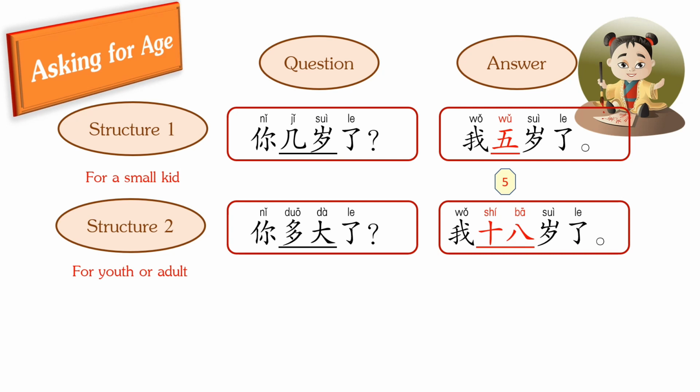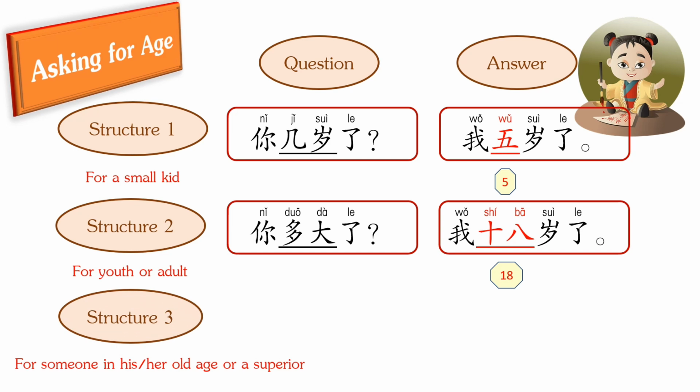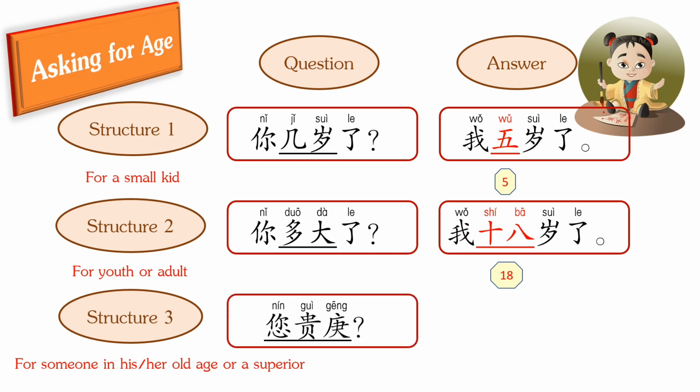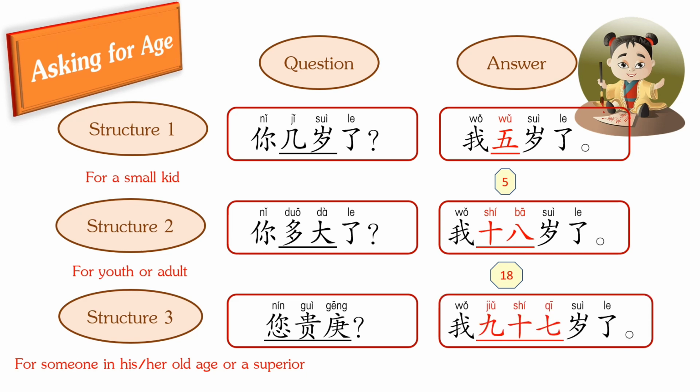And the last, structure number 3, is used for someone in old age or a superior. 您贵庚? 我97岁了. That's all for today's lesson. Let's come back to review and practice.